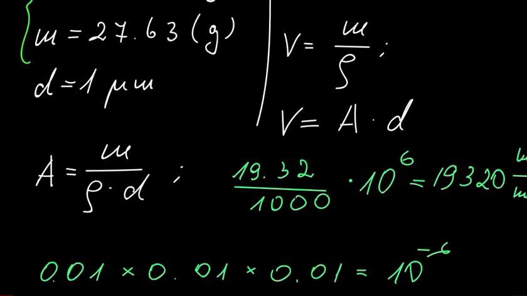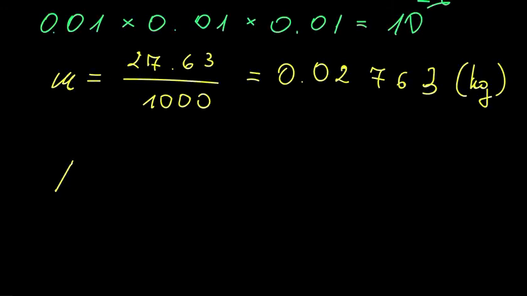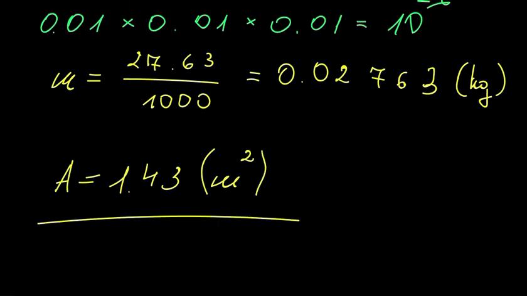Now all that's left is to convert our thickness into meters. Because we have 1 micrometer, it is the same thing as 10 to the power of minus 6 meters, because micro gives us 10 to the power of minus 6. Now, once we have all our numbers in base SI units, we can put them in our equation. So, when we do that, we get that our area is 1.43 square meters. That's our final answer.